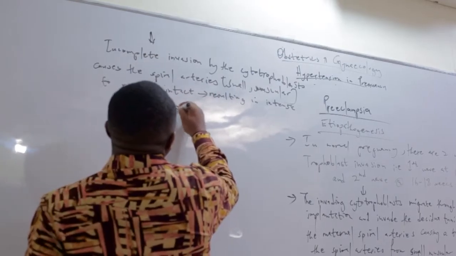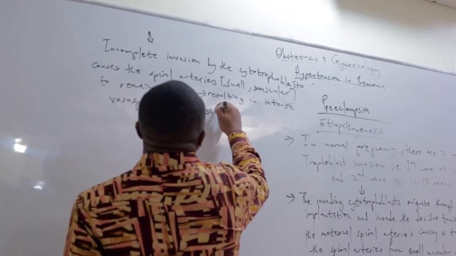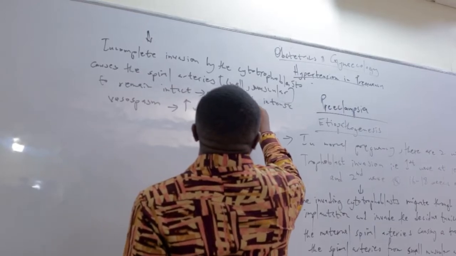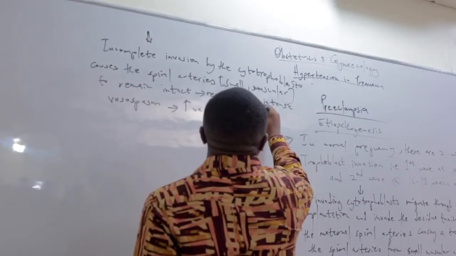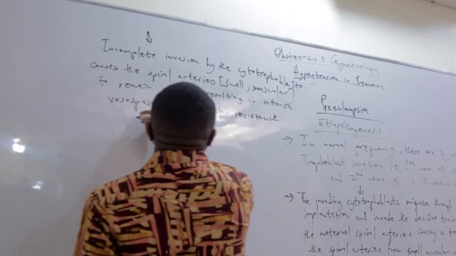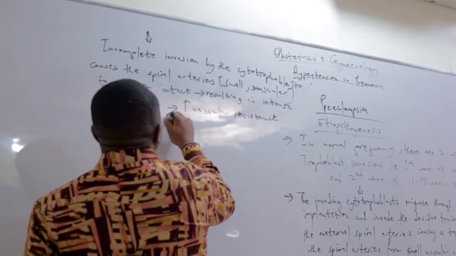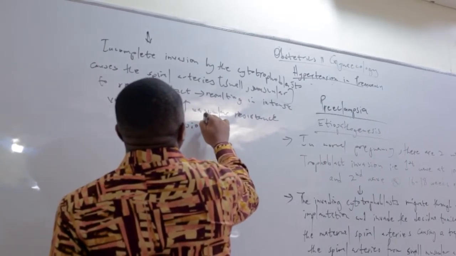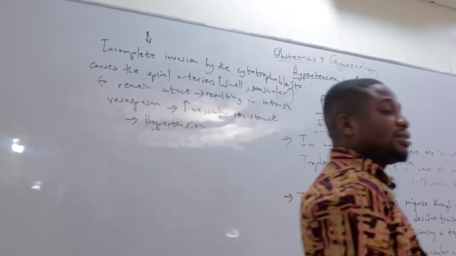In this case, we say that the vascular resistance increases. Vascular resistance will increase. And what will happen? There will be what? Hypertension. Are we getting that?